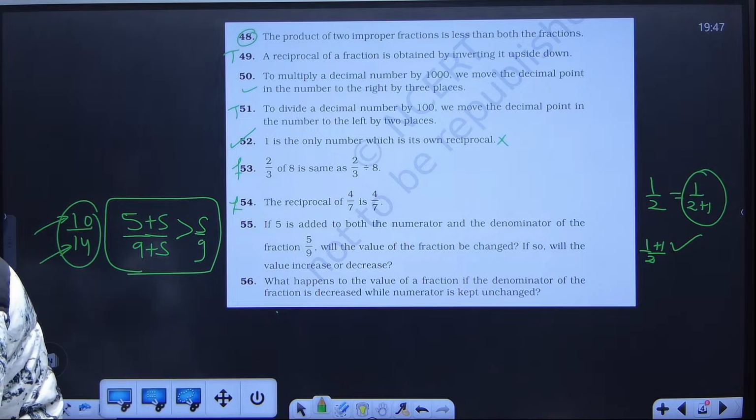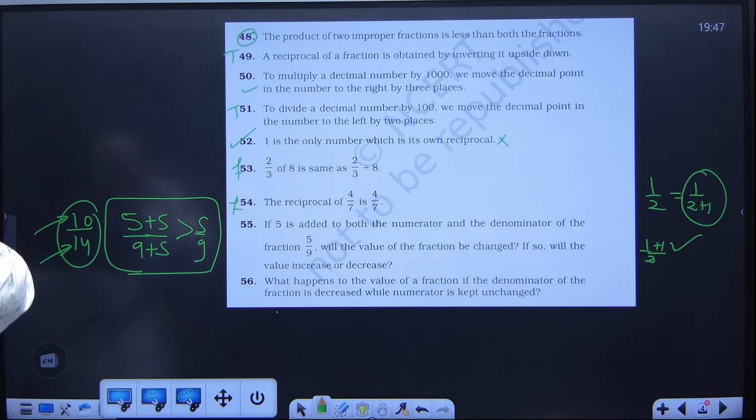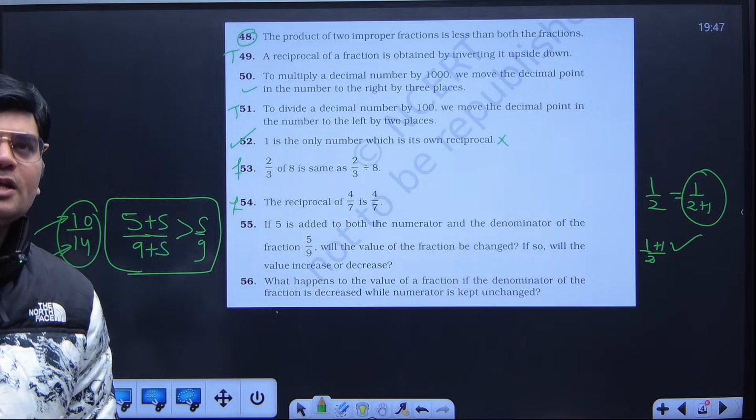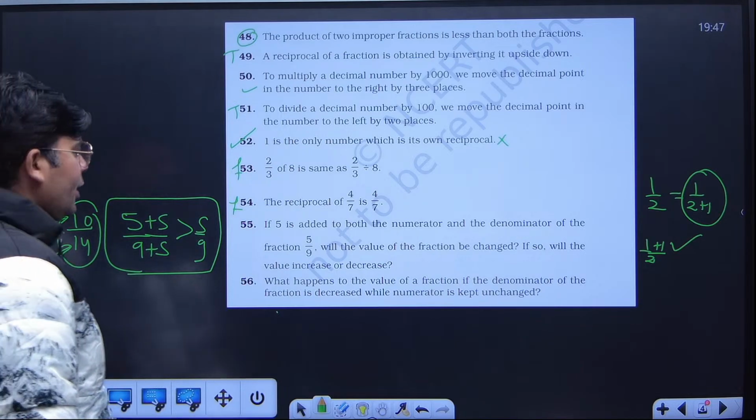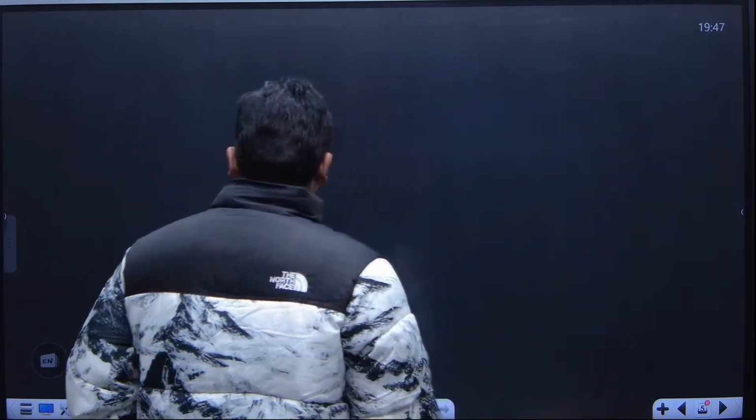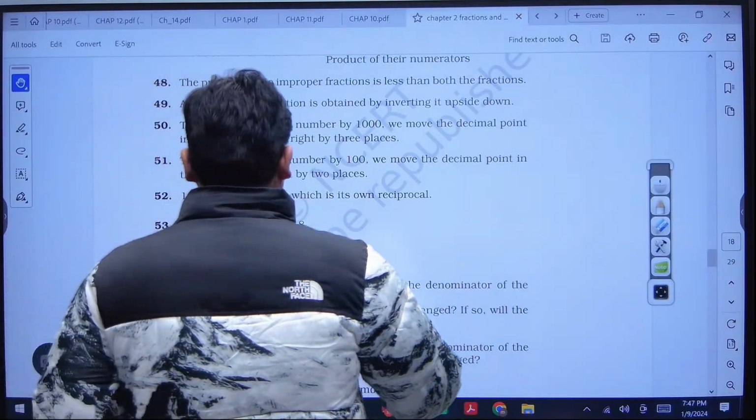The value of the fraction, would it decrease or increase? Increase. Wonderful. Larger the denominator, smaller the value. Smaller the denominator, greater the value. Very good.